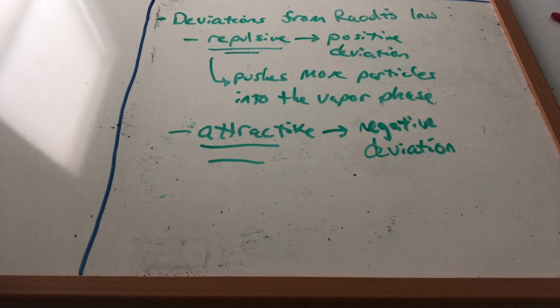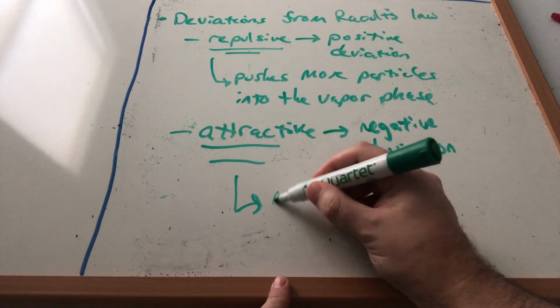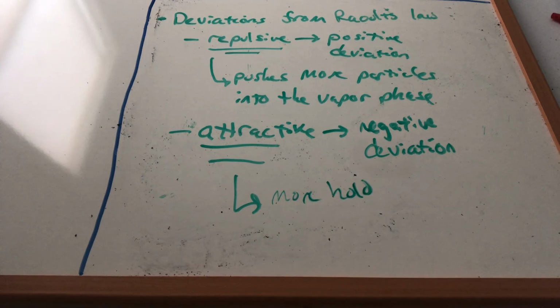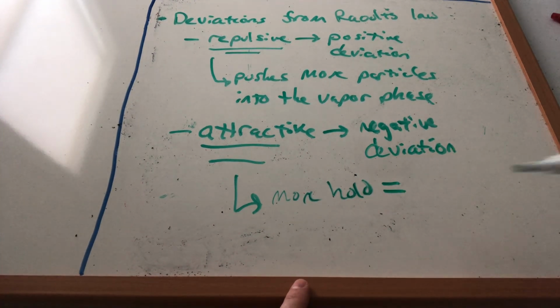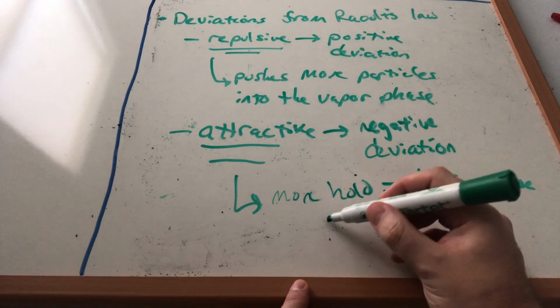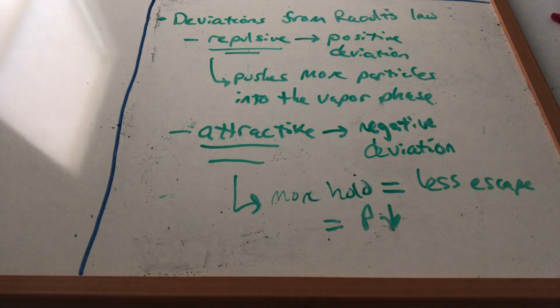And again, the reason that you have this negative deviation is there's more hold on the particles than you would have in an ideal solution, so that equals less escape of particles into the vapor phase, which means that P is going to go down, that vapor pressure goes down. So these are the two sorts of deviations that we'll see.